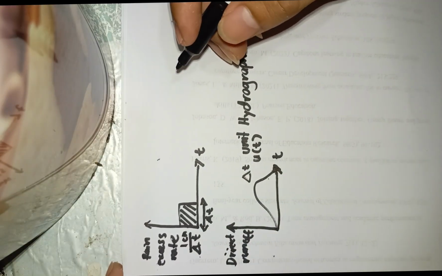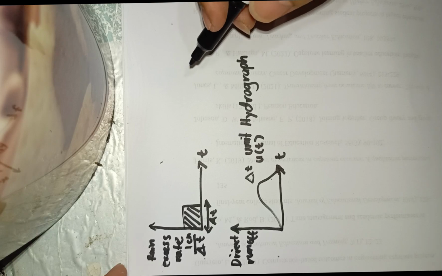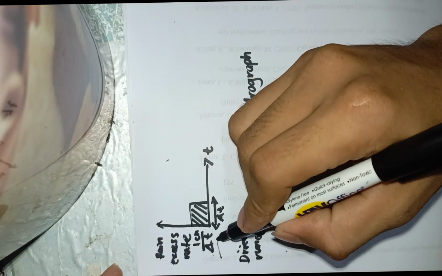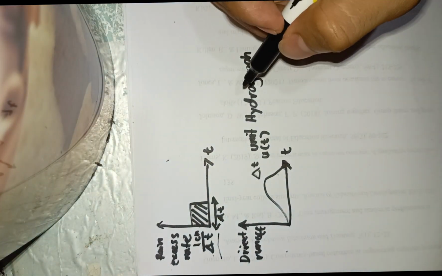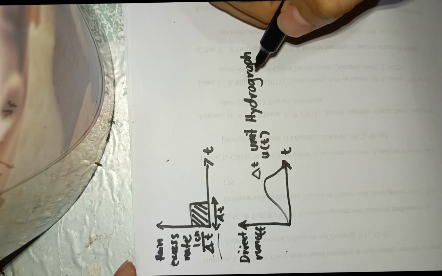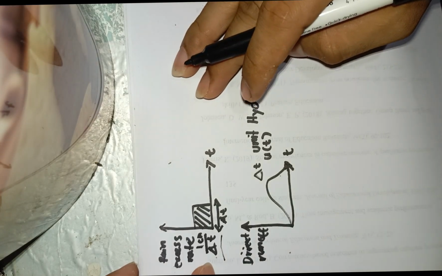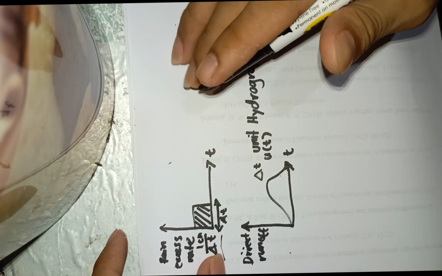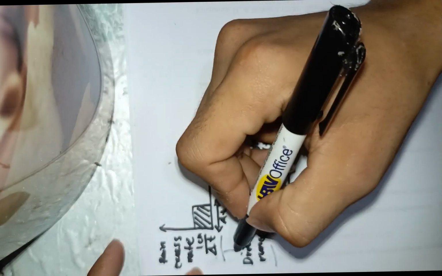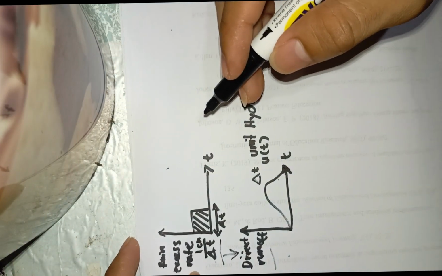So again, I'll repeat. As a result of 1 cm or 1 inch, 1 unit of rainfall excess which is uniformly distributed over the watershed, we will have a direct runoff hydrograph like this.